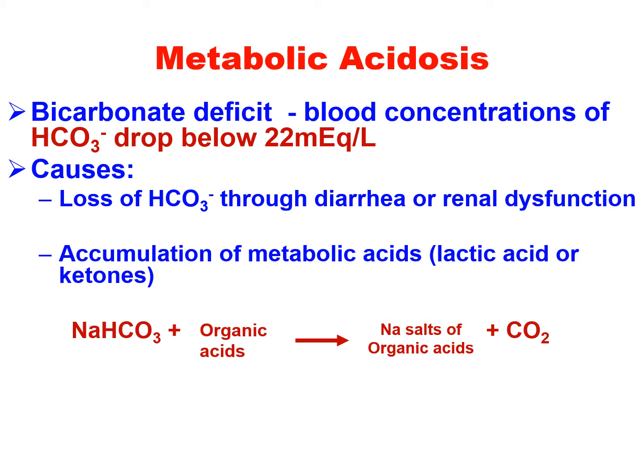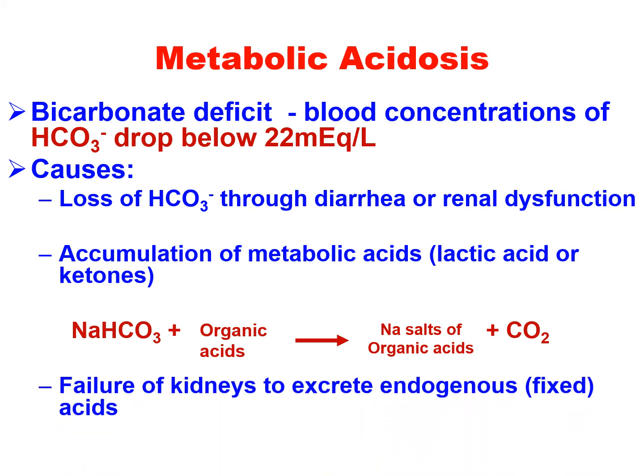Organic acids tend to interact with sodium bicarbonate and form sodium salts of organic acids, and CO2 is produced as a co-product. Here, the bicarbonate, the alkali reserve of the body, is being utilized to neutralize the organic acids, and hence there is a drop in bicarbonate concentration due to production of the fixed acids.